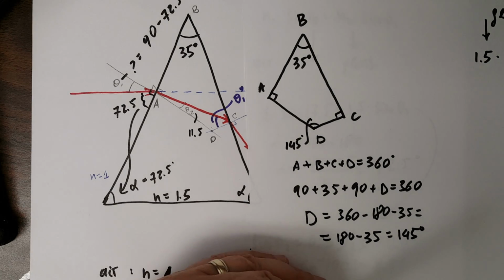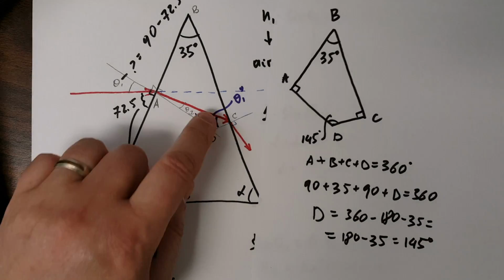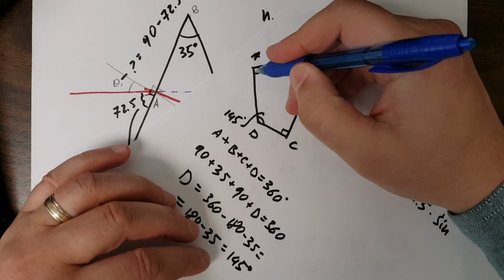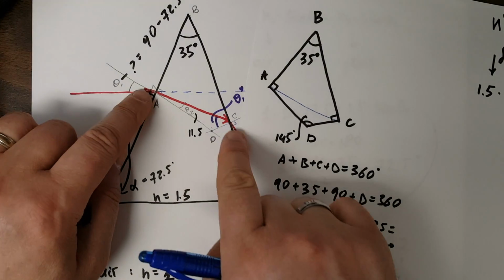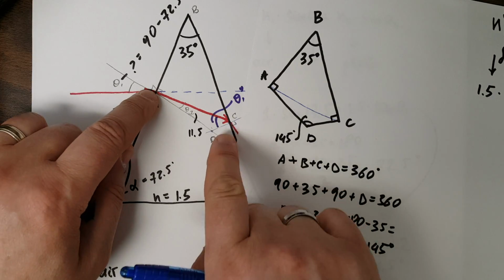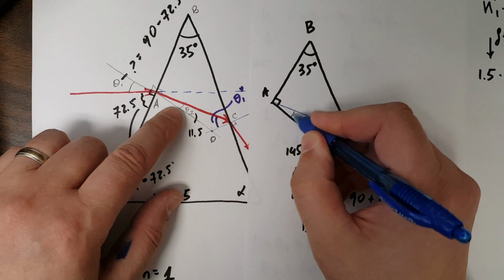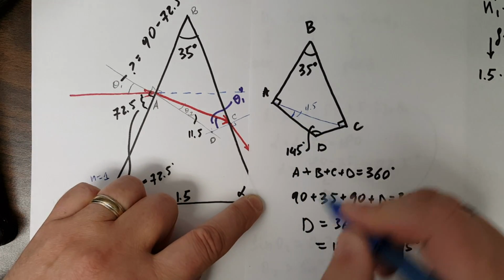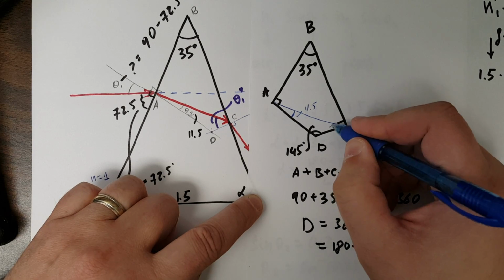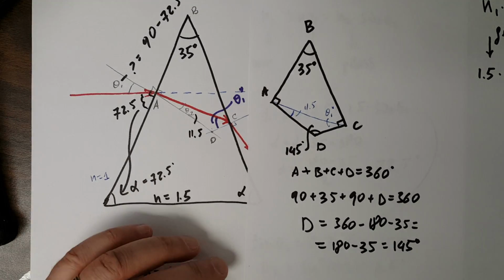So why did we need it? Because we wanted to use it for calculating this angle. So if we draw a line like this, which represents the ray traveling from point A to point C, this angle, theta 2, equals 11.5. And this angle, theta 1 star, is the angle we need to calculate.